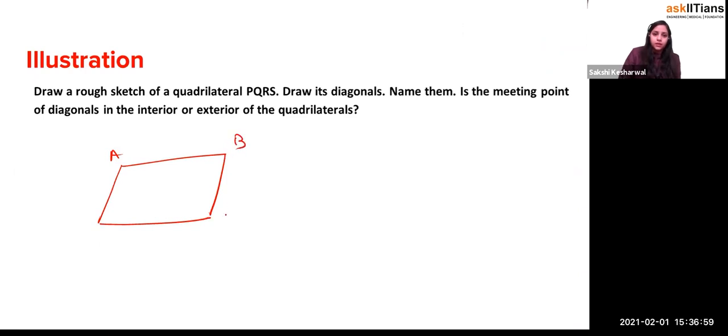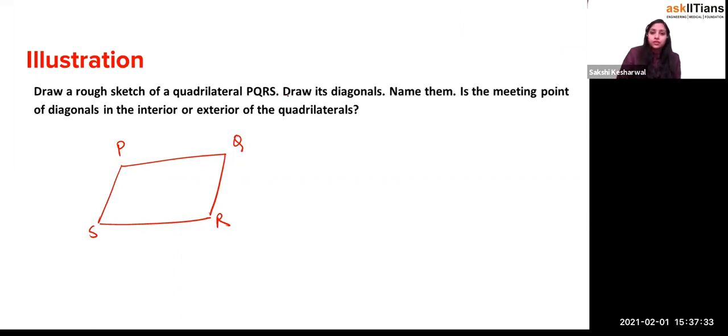We have to name it PQRS. After naming, you have to go either in the clockwise or the anti-clockwise direction, always naming it in sequence, like ABCD, PQRS, DEFG.